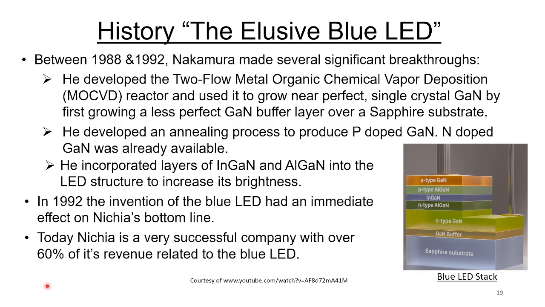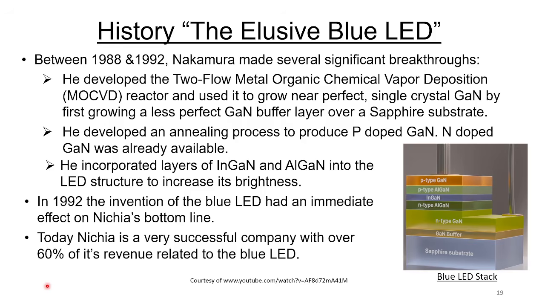Second, he developed an annealing process to produce p-doped gallium nitride. N-doped gallium nitride was already available, but no one could figure out a reliable way to make p-doped in a viable manufacturing process. Number three, he incorporated layers of indium gallium nitride and aluminum gallium nitride into the LED structure itself to increase its brightness.